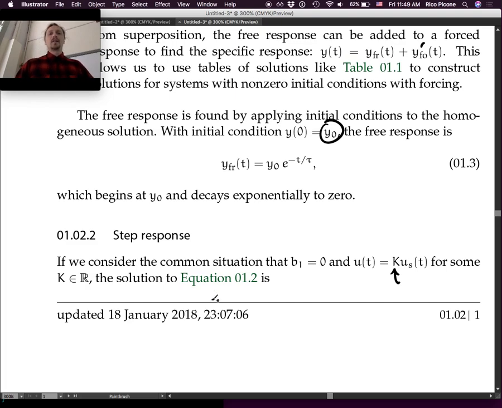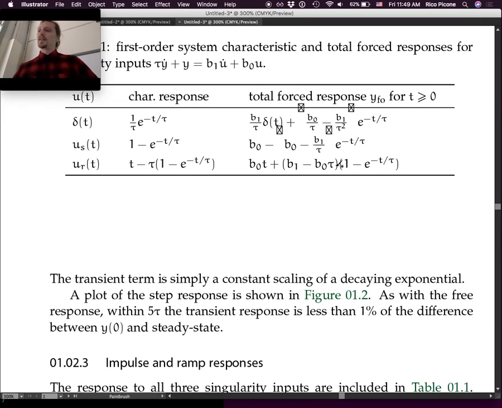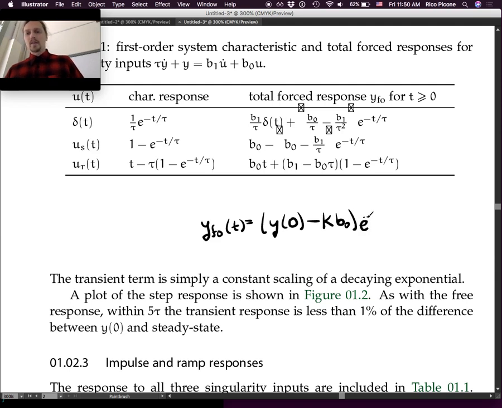So the solution to the equation for this step input and non-zero initial conditions is y forced of t equals, this is the general solution, k B0 e^(-t/tau) plus k B0.